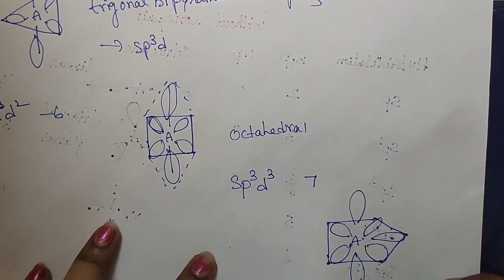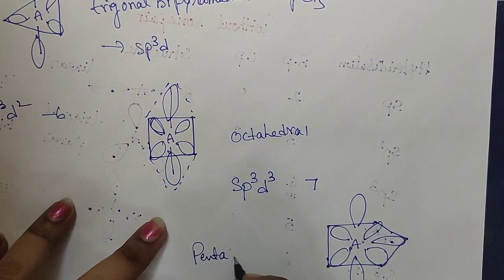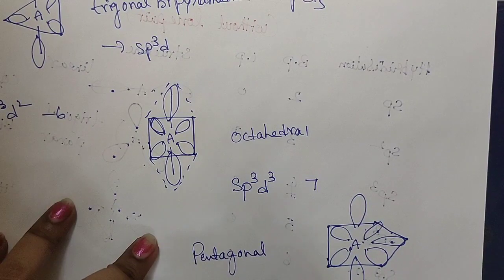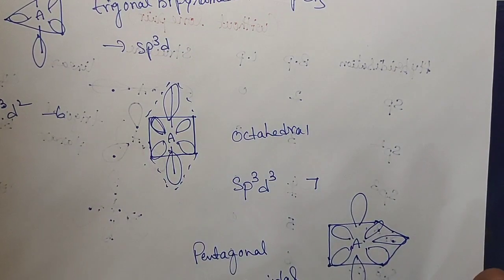What is the shape of this? Pentagonal bipyramidal. This is about hybridization without lone pairs.